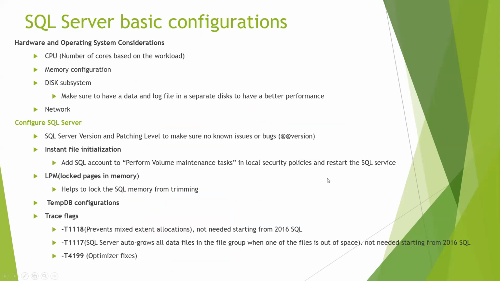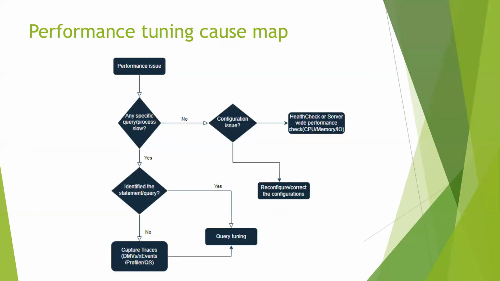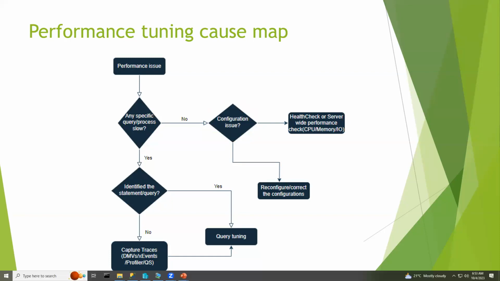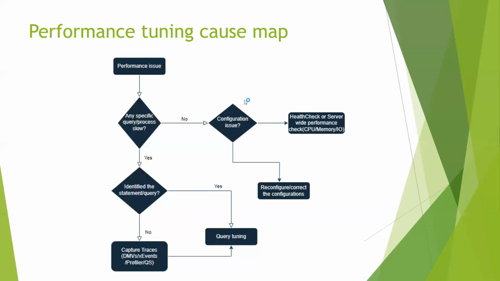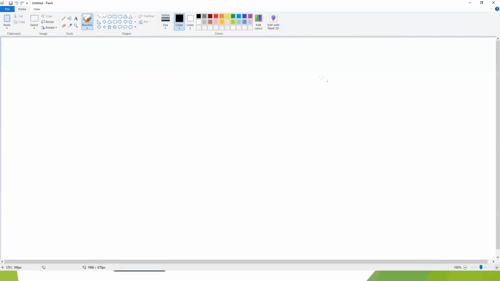I'll not keep this window open, because it distracts our concentration. I'll use Paint so that I can explain here. Let's say there is a performance issue on the server, right?